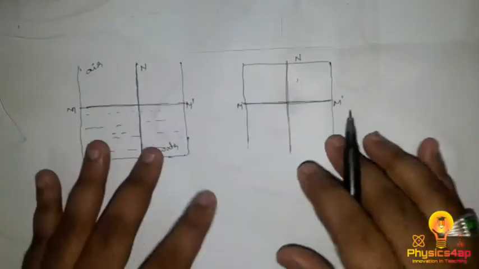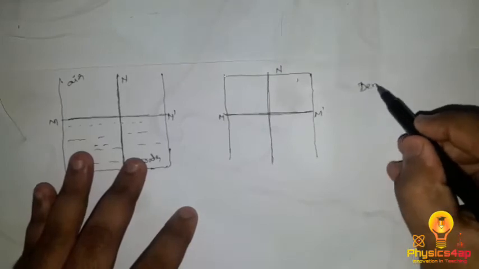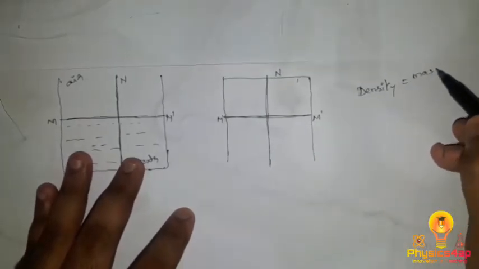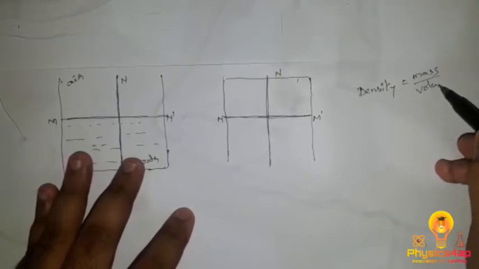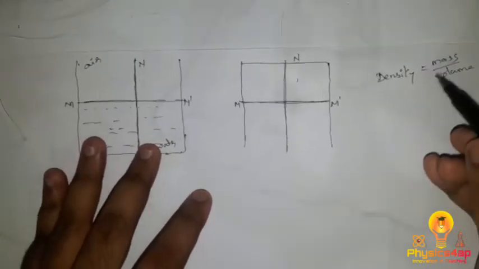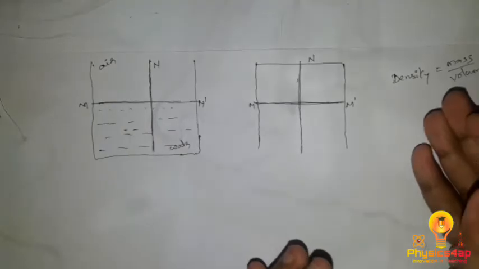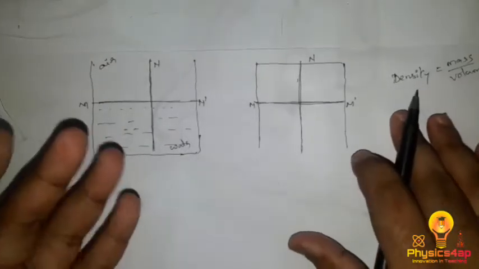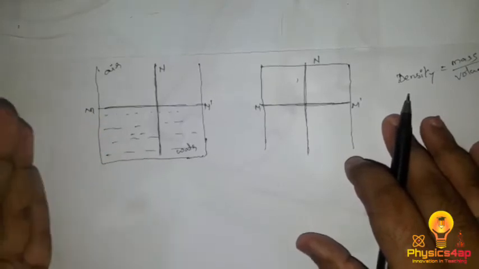Which is rarer medium and which is denser medium depends upon the density of the material. As we know the formula, density is equal to mass by volume. Based upon this calculation, if we have the density more when compared to another, then that is called a denser medium.